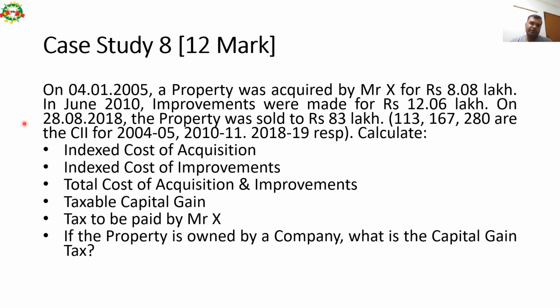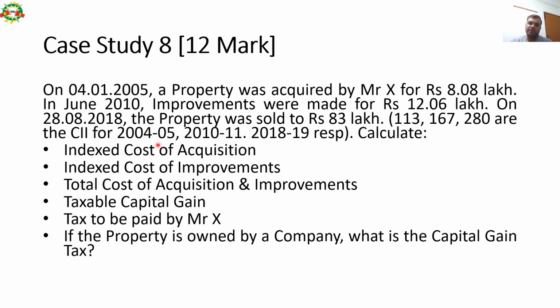On 4 January 2005, a property was acquired by Mr. X for rupees 8.08 lakh. In June 2010, improvements were made for rupees 12.06 lakh. On 28 August 2018, the property was sold at 83 lakhs.